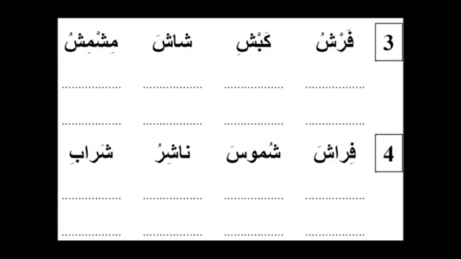Minsharu. Now we'll do the last two rows. So do these last two rows, then we'll do them together. Once you did them, we'll go through them together. Okay, now we'll go through them.